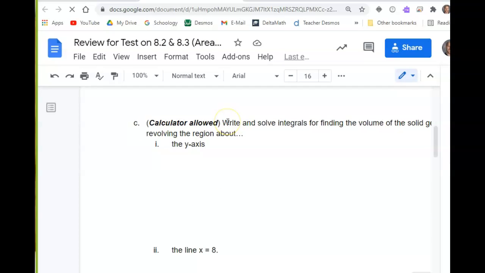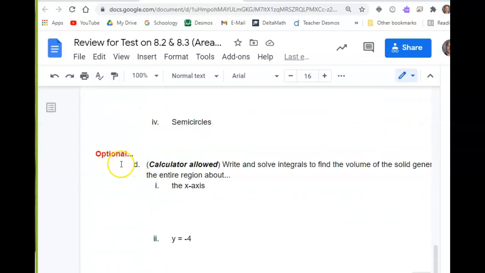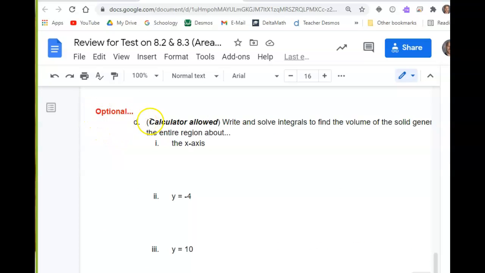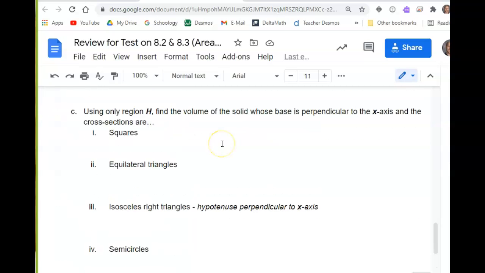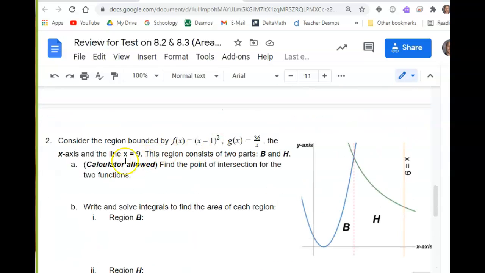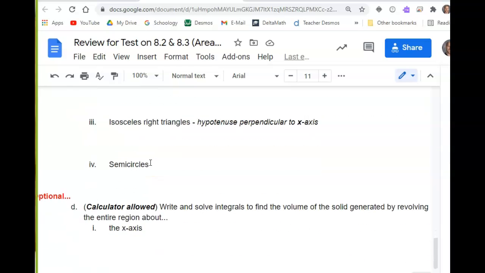It's a handful of problems that will help us through the test. Notice this question down here. It's the back side. Part D is optional. And then we do say when you should use a calculator. So like for part A, on number 2, you should use a calculator, but then you shouldn't use it for any of the other parts.